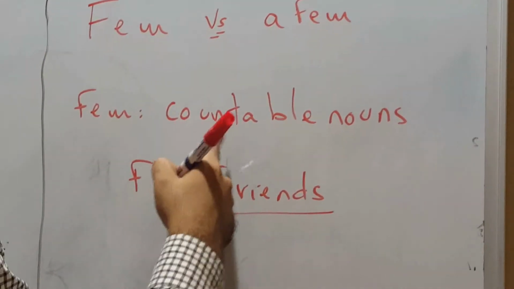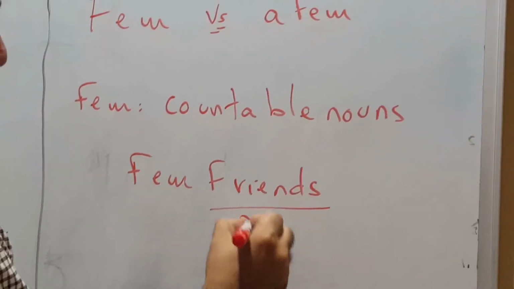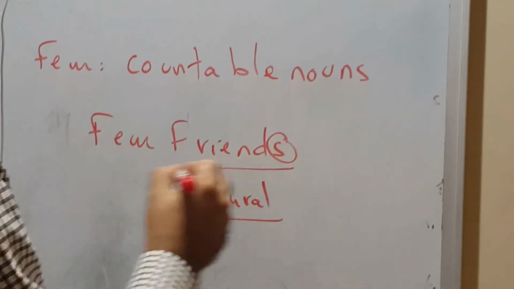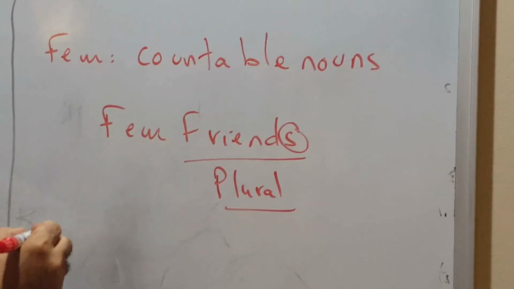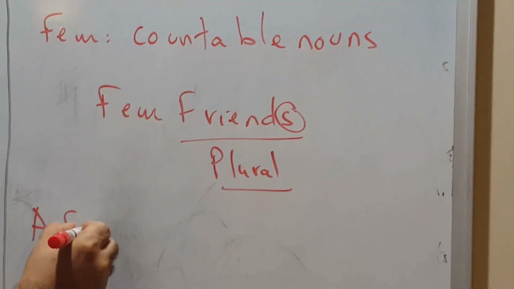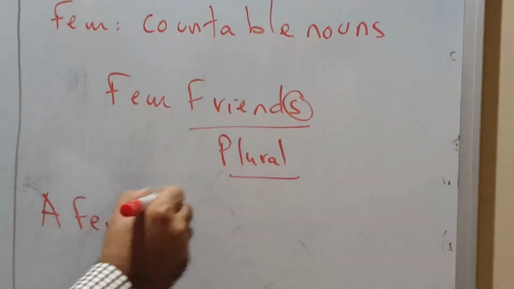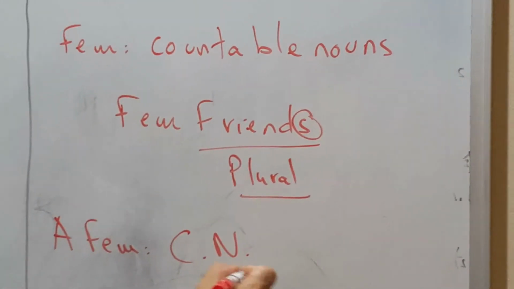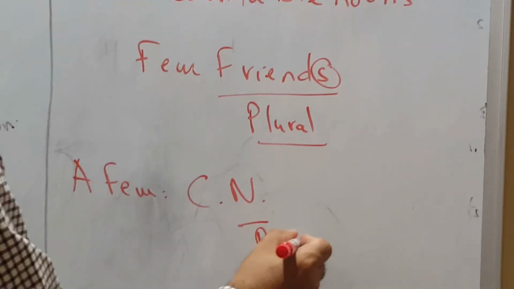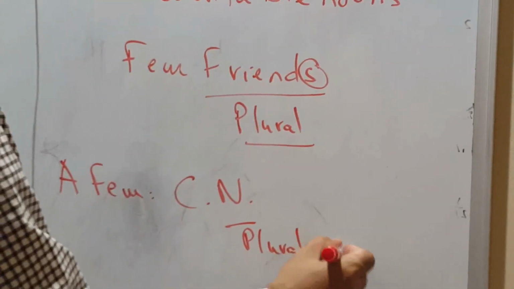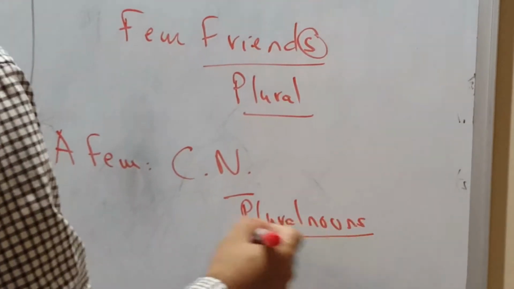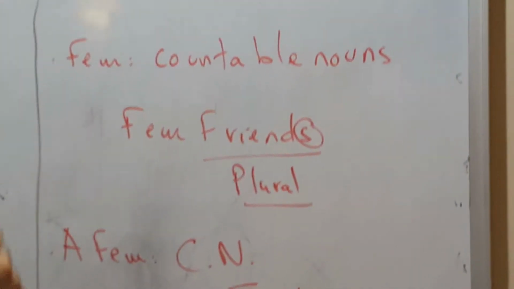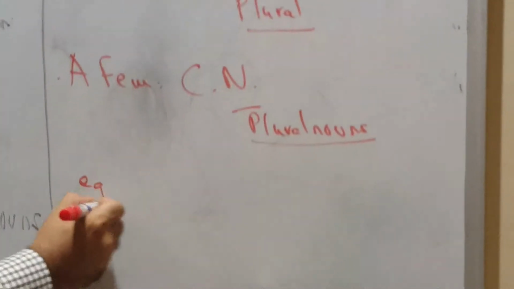So friends is a countable noun and it is plural. We have an S here. And the same thing with a few. We use it with countable nouns, that is plural nouns. Now, so what is the difference between few and a few? Let's see these examples.